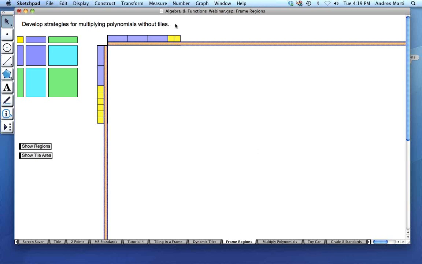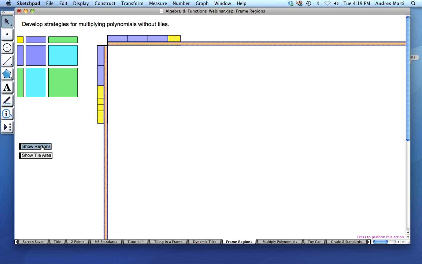I'm going to just show you, and this particular activity, this is one of the sample activities, Tiling in a Frame, kind of gets kids to work. Each of these sample activities, I should also say, comes with a student worksheet, teacher notes, and all that, and the sketch. So all of the directions are spelled out there.